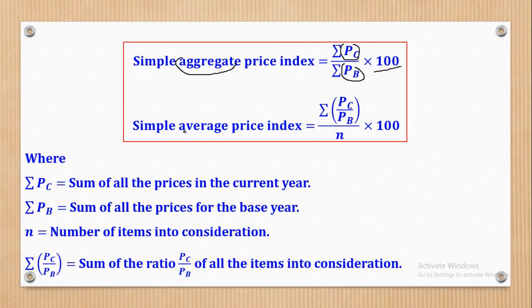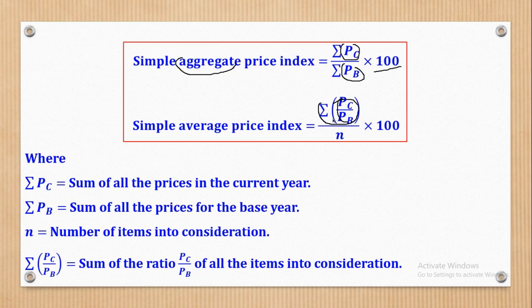What about simple average? Simple average is the summation of the ratio of the price in the current year to the corresponding price in the base year. So for each item you first get this ratio, price in the current year over price in the base year. Then after that you have to sum all of them.